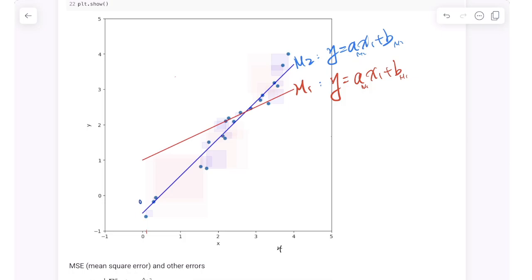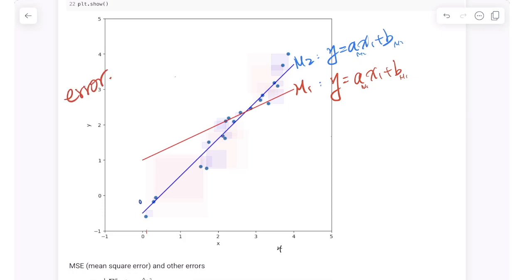Although they are both linear, they have different slopes and different intercepts. How do we compare them? Which one is better? So we introduce an important concept called error.